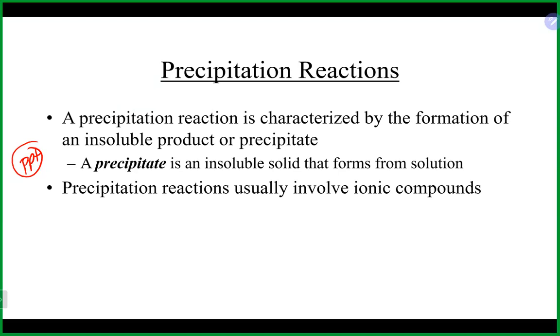But it's usually a result, for example, of mixing two solutions together, very much like what we did in that last experiment where we made all that yellow, right? We mixed a couple of things together and formed that yellow solid, which was a precipitate. A precipitation reaction usually involves ionic compounds, and upon that double exchange, we get some type of solid as a result of the two ions coming together.